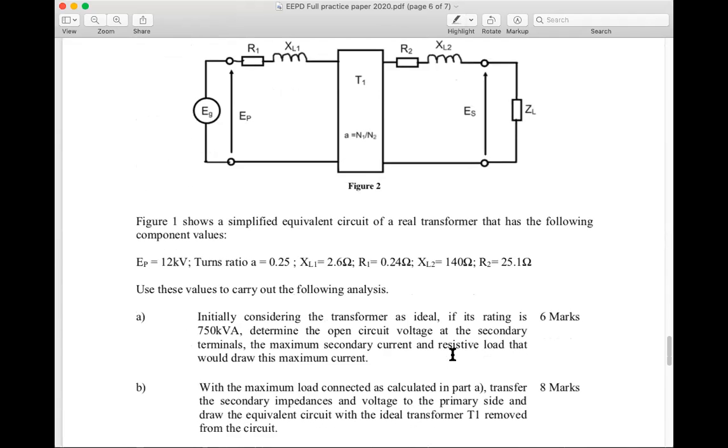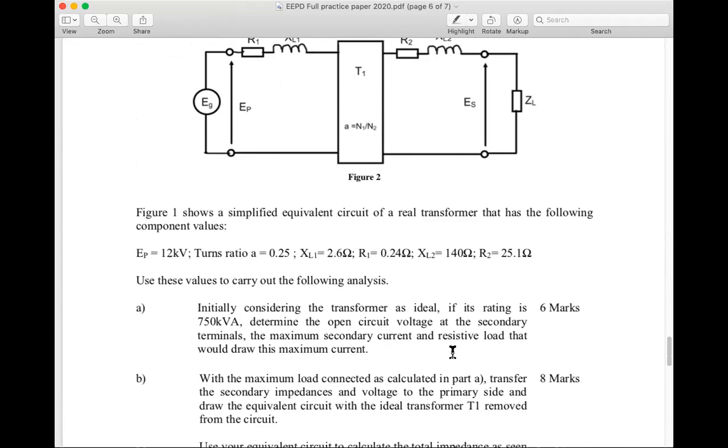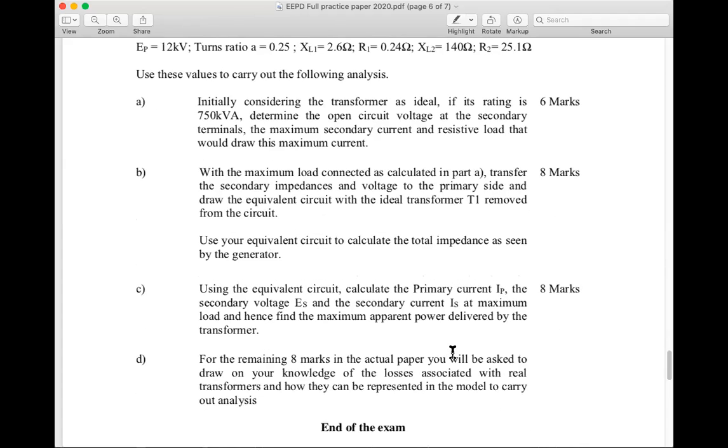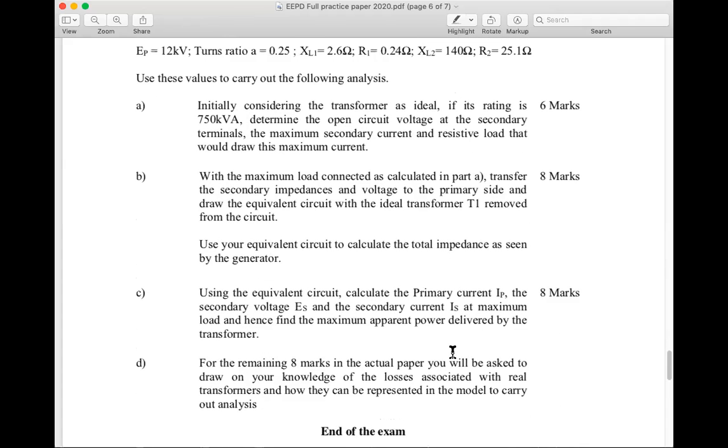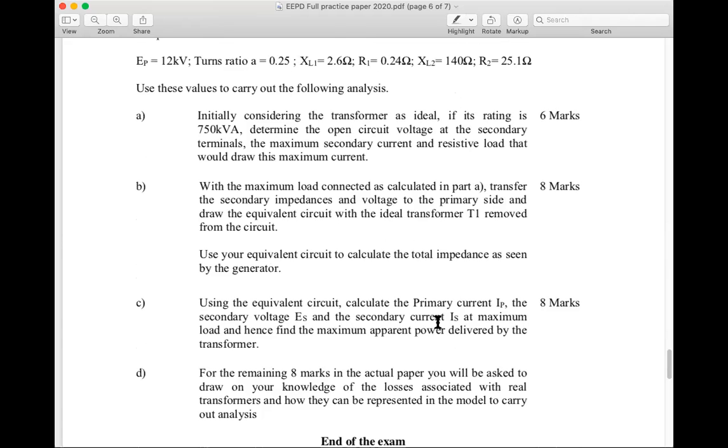So you've got transformer impedances and various bits and pieces there. I must say, over the years, I don't think the transformer has been a very popular question for people to answer. But there's nothing really to get too hung up about over it.